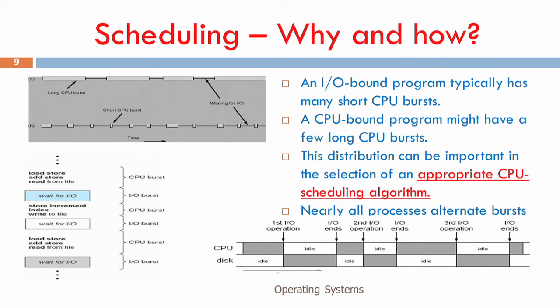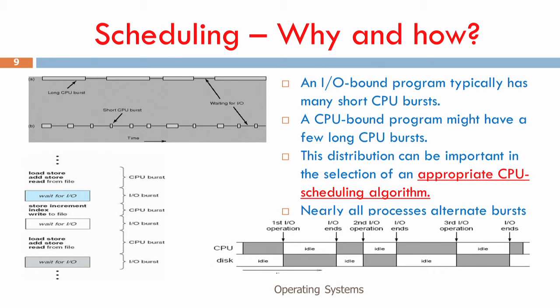As I had explained in the previous slides, a job essentially has a CPU burst and an IO burst. Any IO bound program typically has many short CPU bursts interlaced between IO bursts, and a CPU bound program might have a few long CPU bursts. And we already saw in the previous section that if I have more than one process that could be executed, the CPU burst of one can be merged with the IO burst of another and vice versa, and basically you can achieve good CPU utilization.